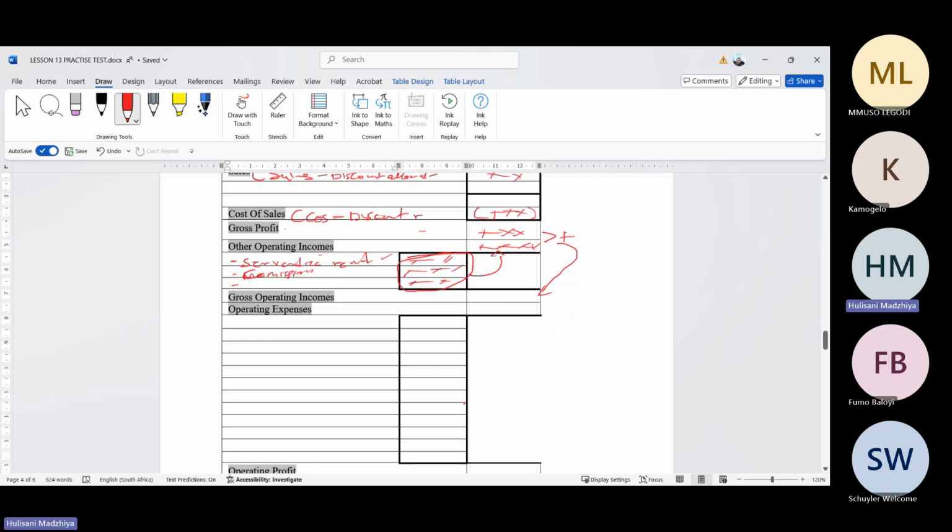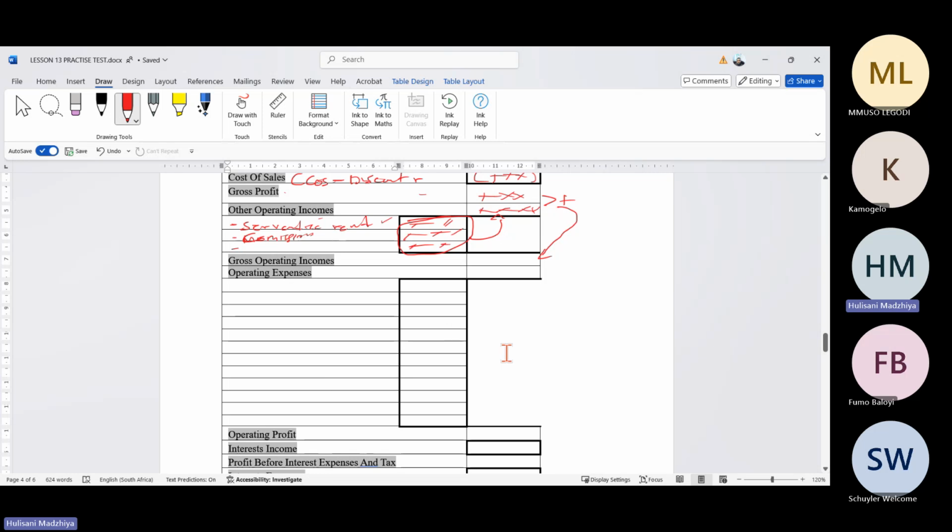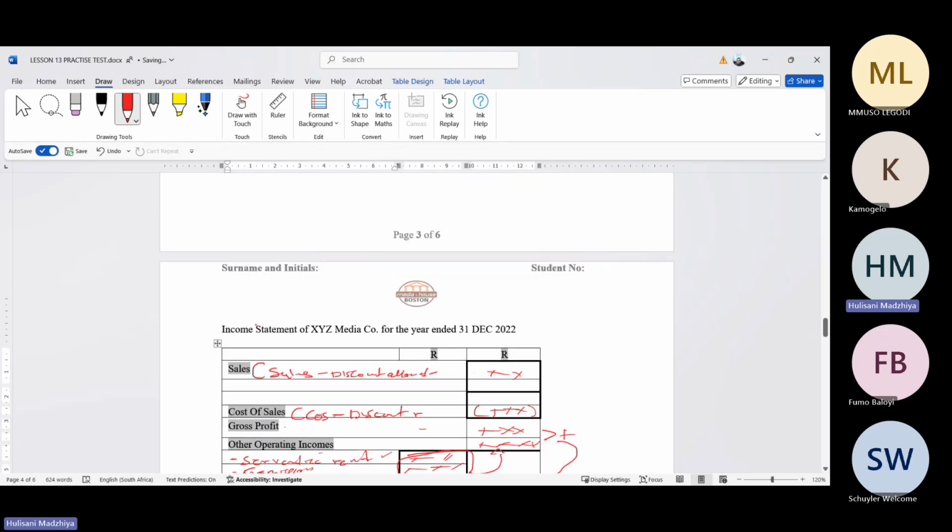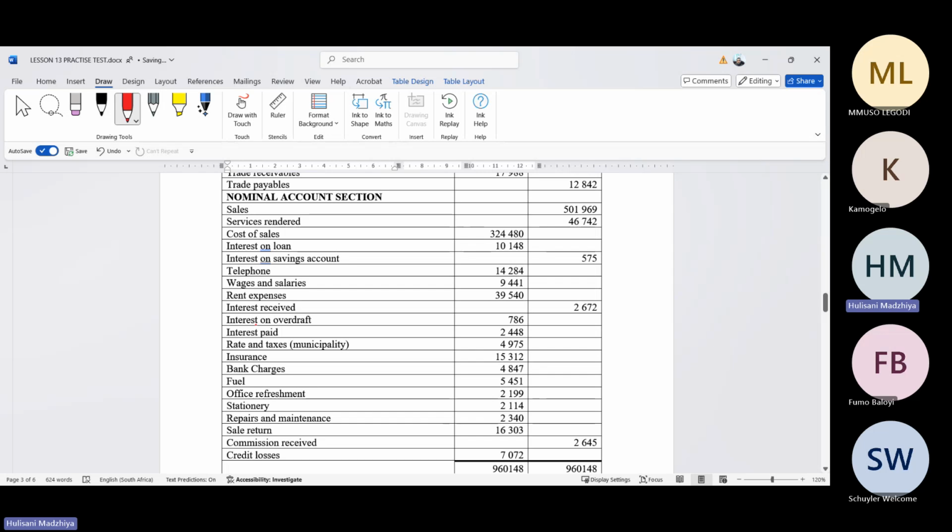This then brings us to operating expenses. These are all expenses we incurred trying to run the business, not necessarily only trying to generate revenue, but trying to run the business. When it comes to the trial balance, I once mentioned a trick for you guys to be able to understand this: everything on the credit side represents the income.